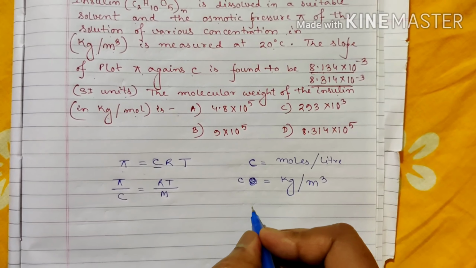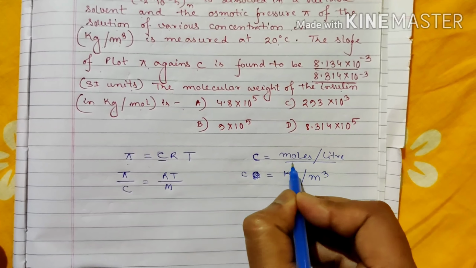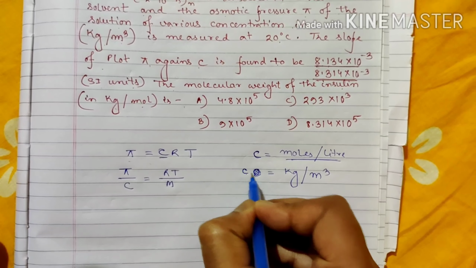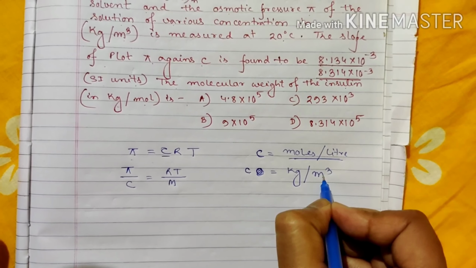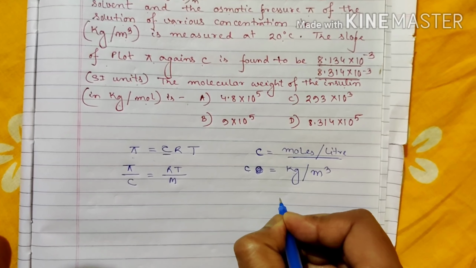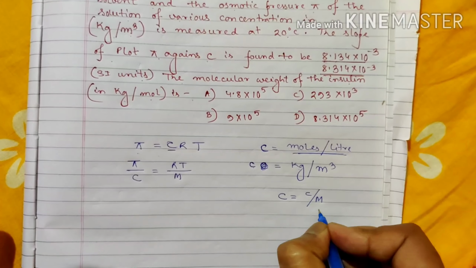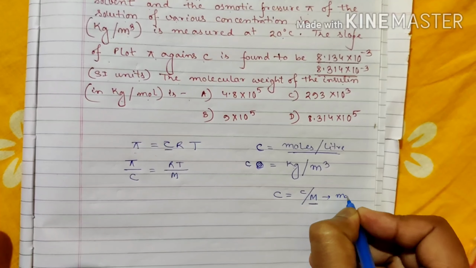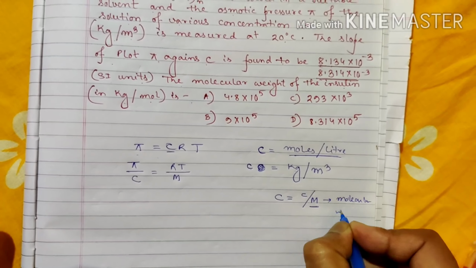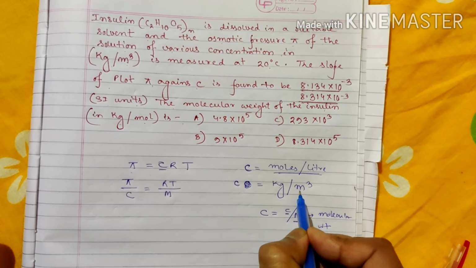Just to re-clarify, remember the capital C is in moles per liter, and the small c is in kg per meter cube. So the value of capital C can be written as small c by capital M, where M is the molecular weight and small c is in kg per meter cube.